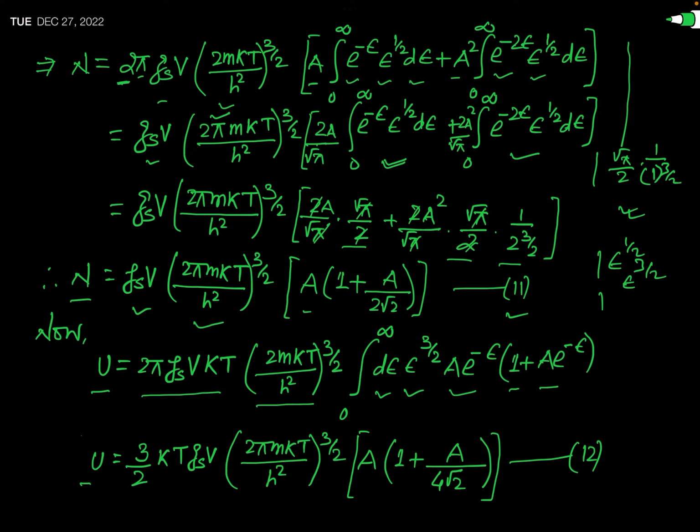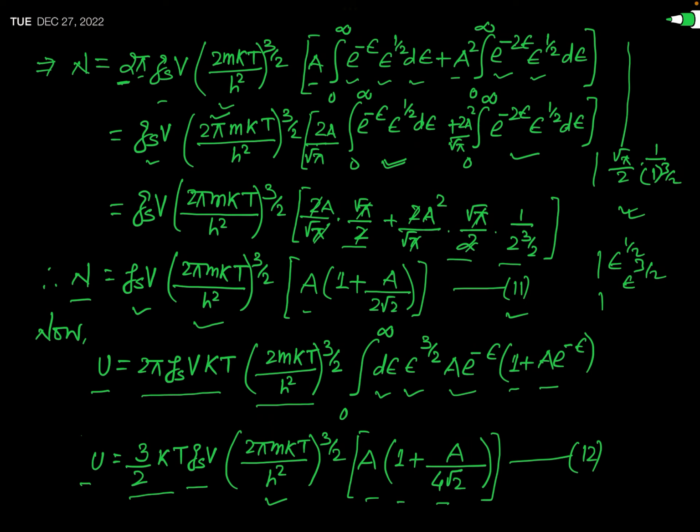U is equal to 3 by 2 kt times gs v into 2 pi m kt by h squared whole to the power 3 by 2 into a times 1 plus a by 4 root 2. This result I have written directly on the basis of the above result. Okay. So n and u both you have calculated.